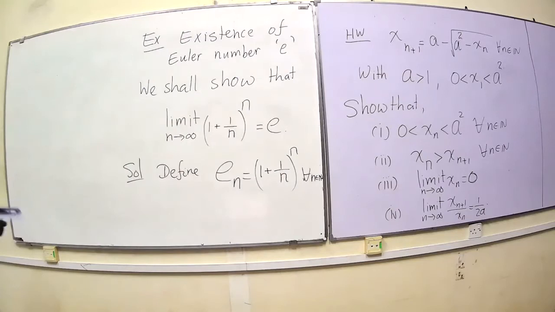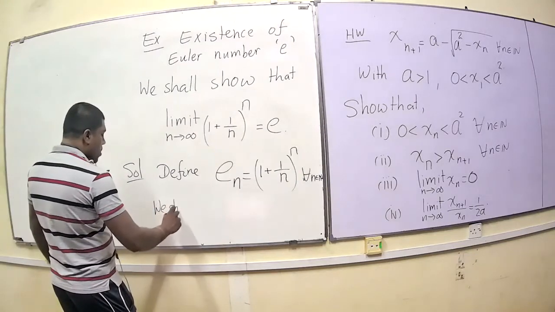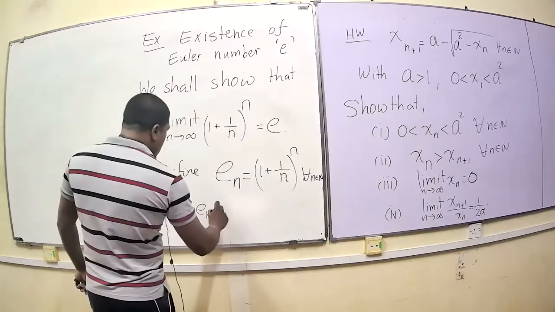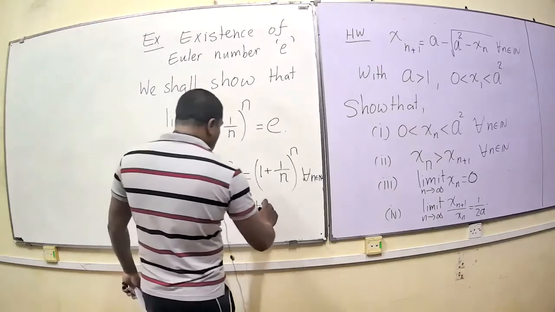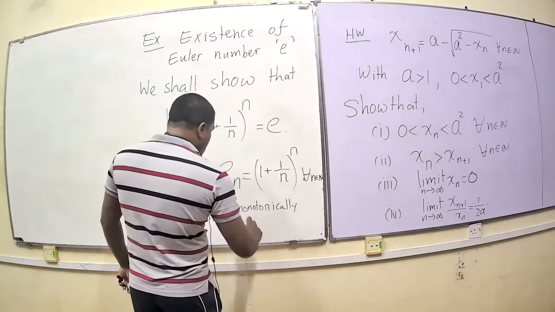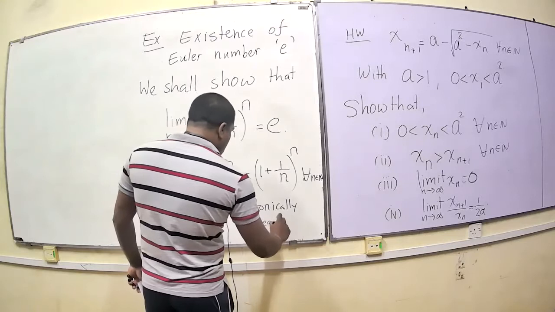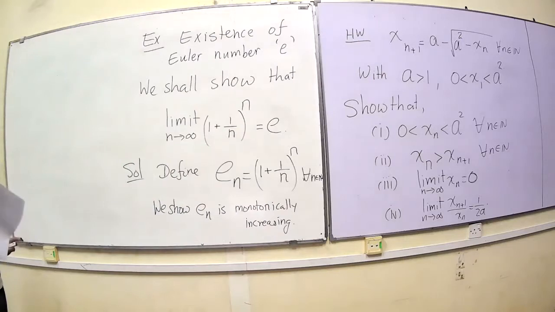I'm going to show that the sequence En is monotonically increasing.